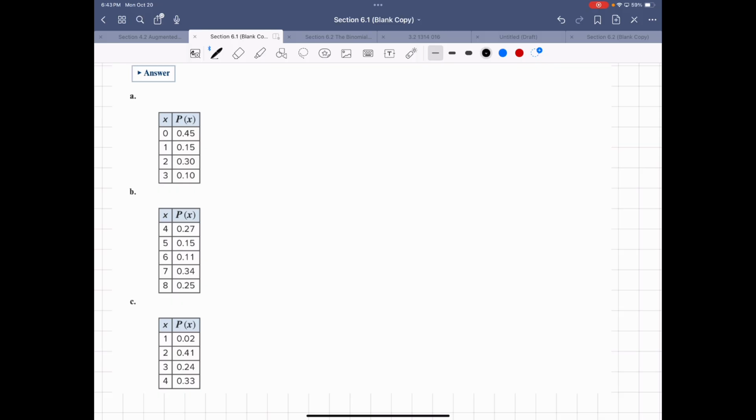Which ones? A and C. Good. A and C are your yeses. B is a no. I got 0.87 plus 0.25, so like 1.13 or something. 1.12. Okay. So we have P of X equals 1.12, so that one's a no. That one's pretty nice, right?